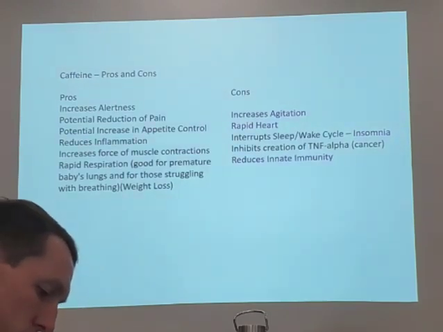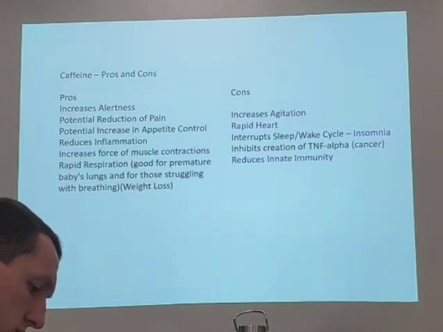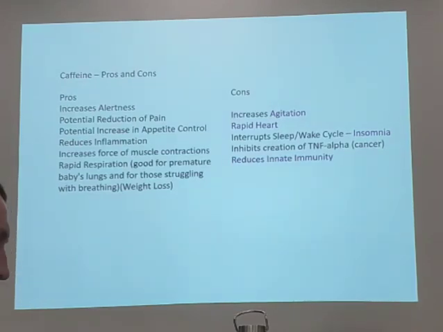Caffeine has some listed pros. You're going to be alert. Potentially reduce a little bit of pain. Appetite control, rather. Reduce your inflammation, increase the force of your muscle contractions. Cool.